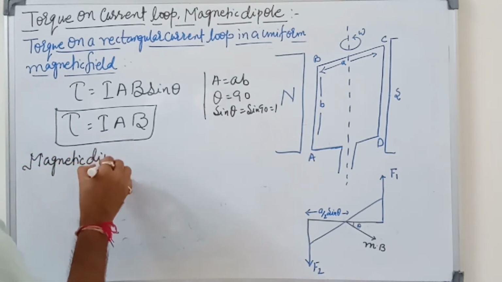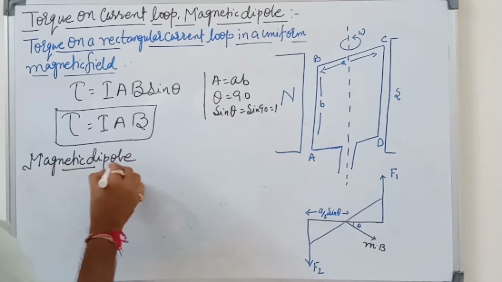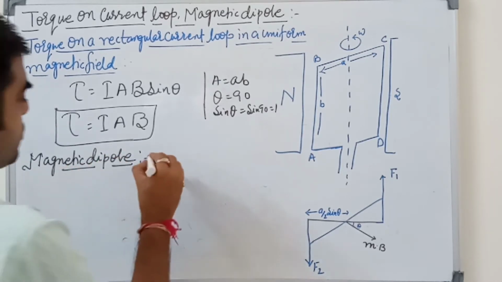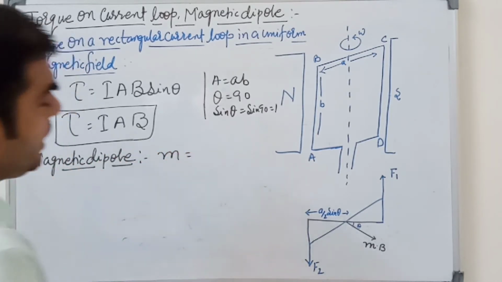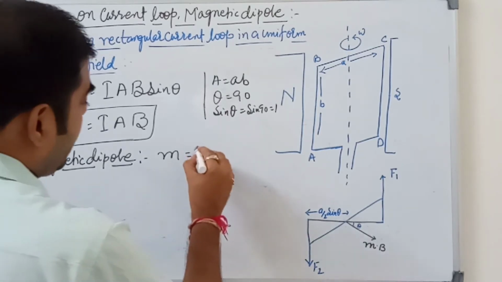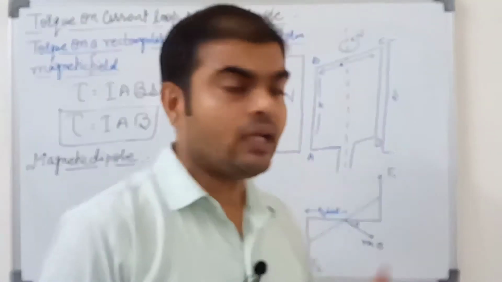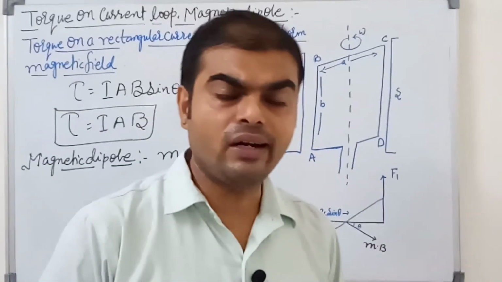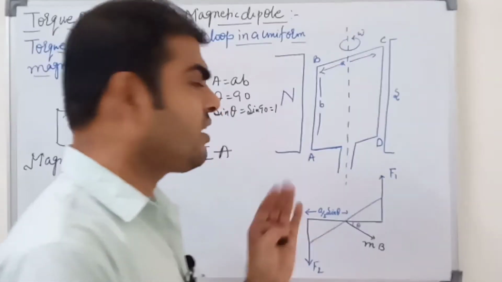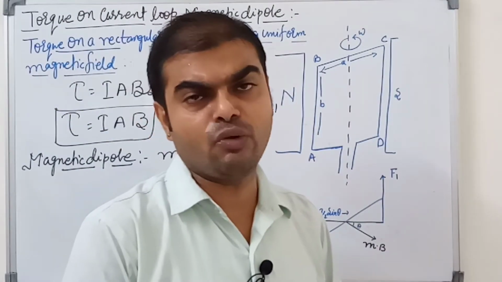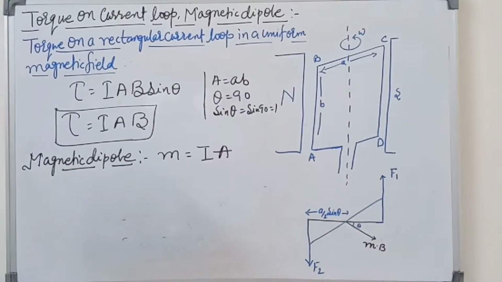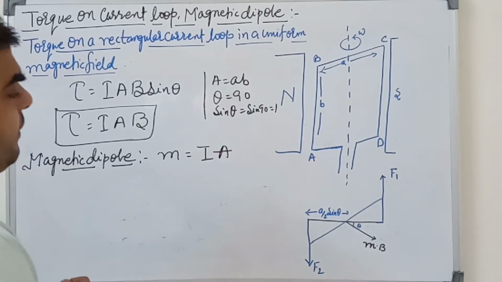Now the magnetic dipole moment is a very clear-cut idea. Magnetic dipole moment is denoted by small m, and it is the current times the area. In the rectangular coil, the current passing through was enclosing a particular area. So the magnetic dipole moment m is equal to IA.